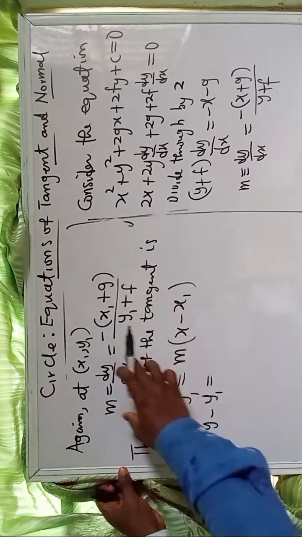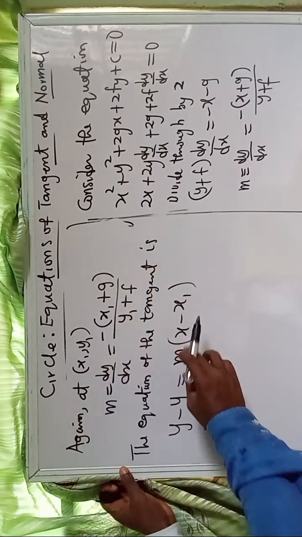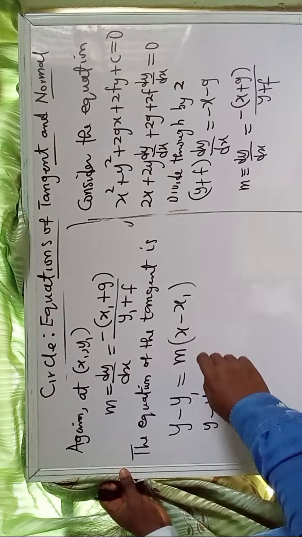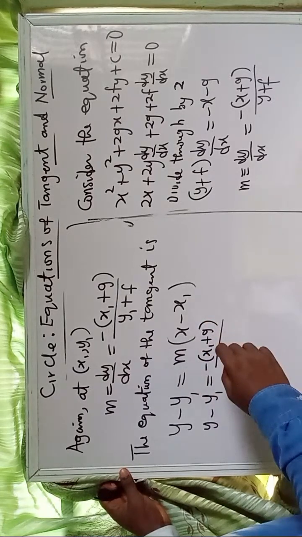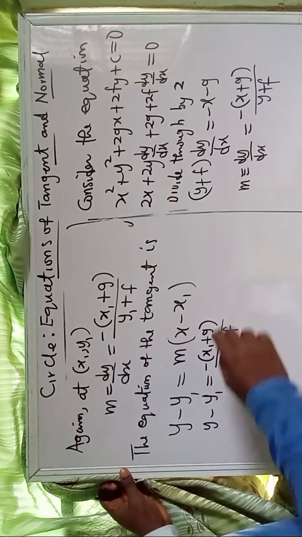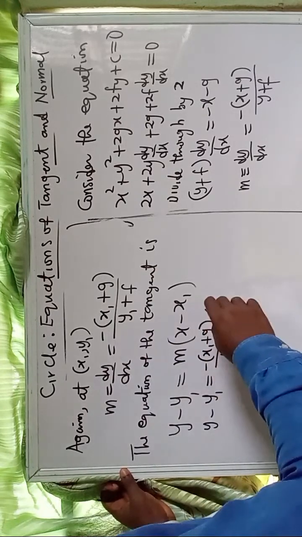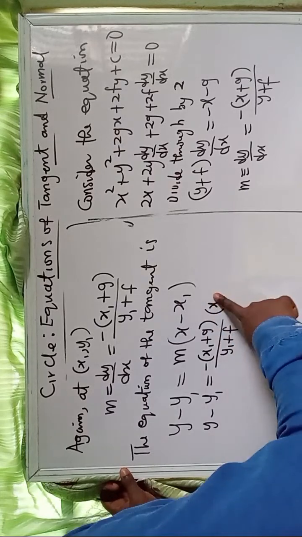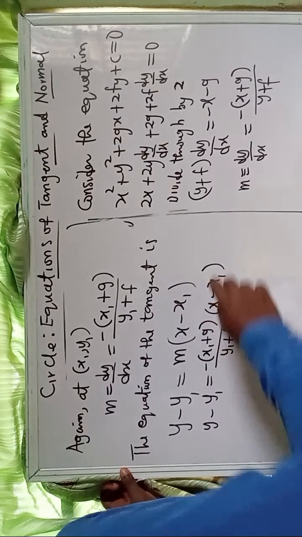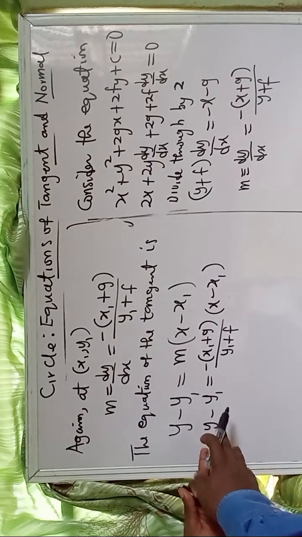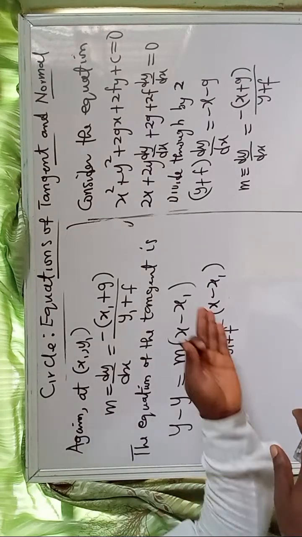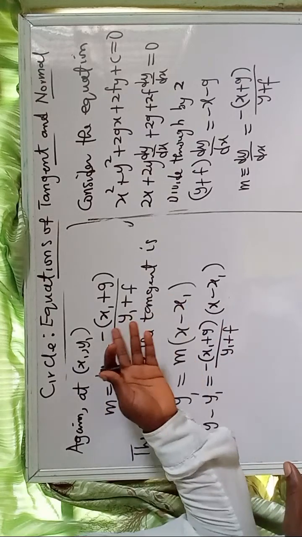We are representing this slope with this m. So this will be minus (x1 plus g) all over (y1 plus f), times x minus x1. So again, this is the equation of the tangent at the point x1 comma y1.